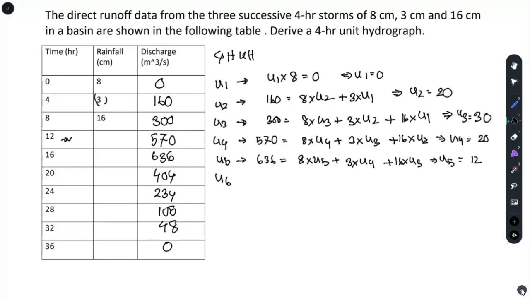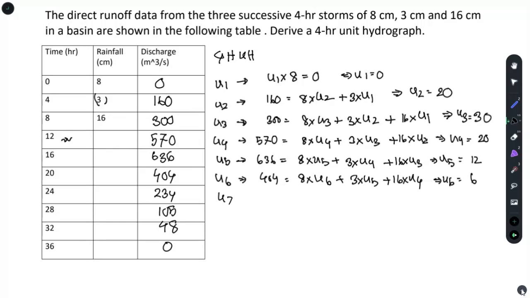To get U6, I have a discharge of 404. I'll multiply 8 with U6, 3 with U5, and 16 with U4. I know U4, I know U5. From that, I will get U6 as 6.